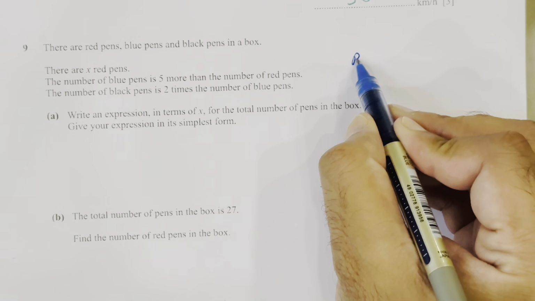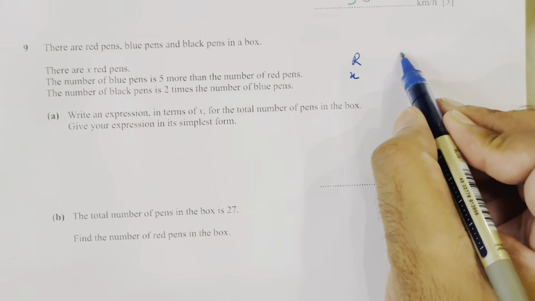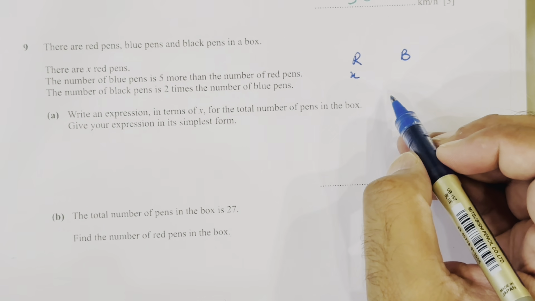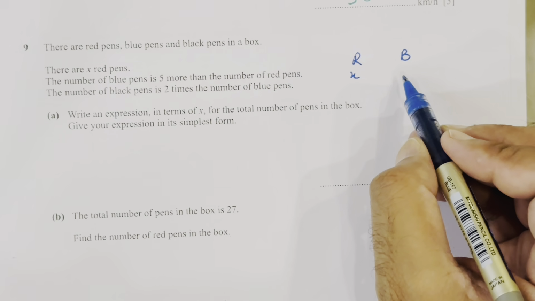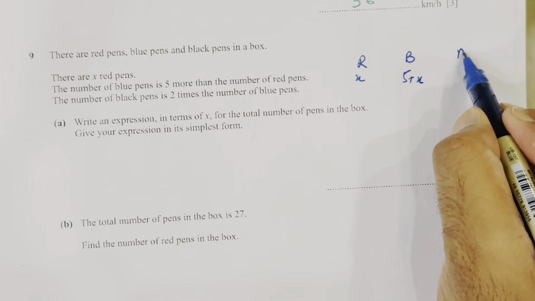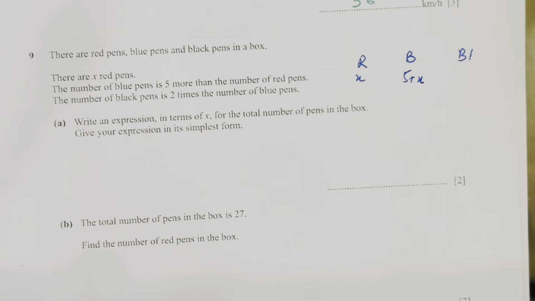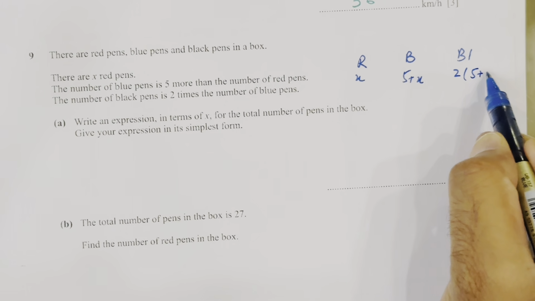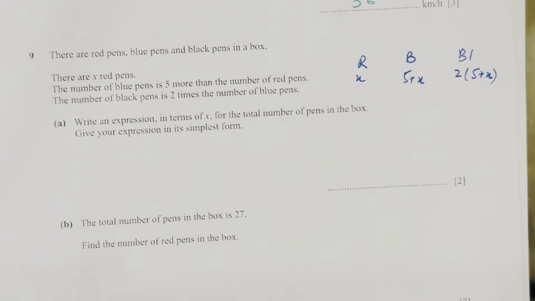If red pens are X and blue pens are 5 more than the red pens, it means 5 plus X. And for the black pens, we can write BL. It's 2 times the number of blue pens, so we're going to multiply 2 times 5 plus X.